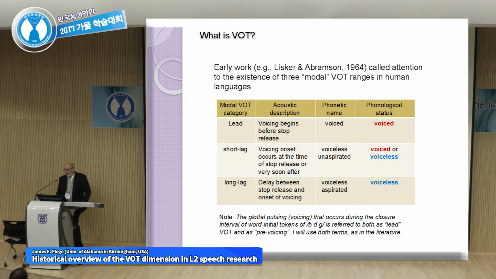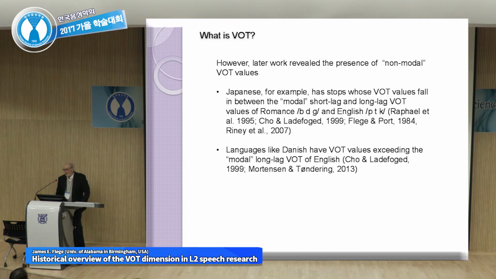Early work by Arthur and Leigh called attention to the existence of three modal VOT ranges in human languages, which you all know. However, later work soon revealed the presence of non-modal VOT values. For example, Japanese has stops whose VOT values fall in between the modal short lag and long lag VOT values of Romance language BDG and of English PTK.